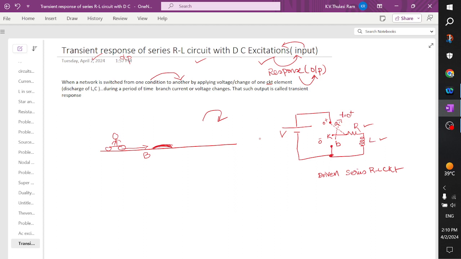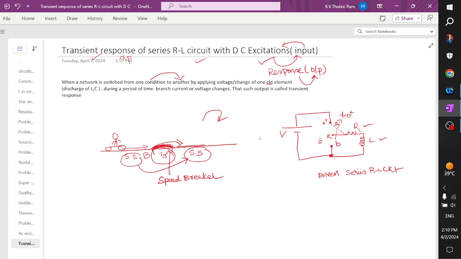For some time, this duration is called transient time. Before, you were in steady state, you apply the brake and jump from this position to this position, and again you travel in a steady state. So before and after you were in steady state, but in the duration of the speed breaker you were in a transient condition.